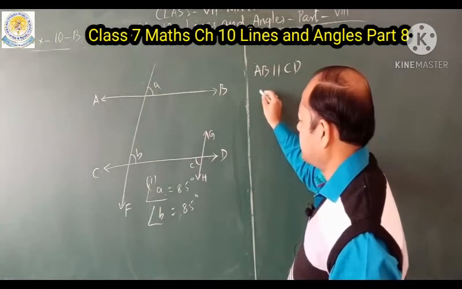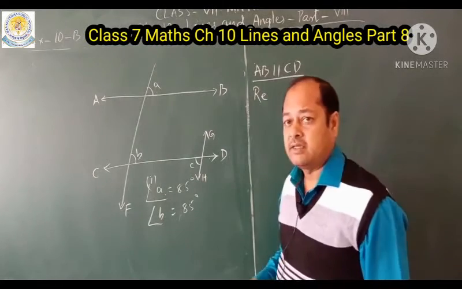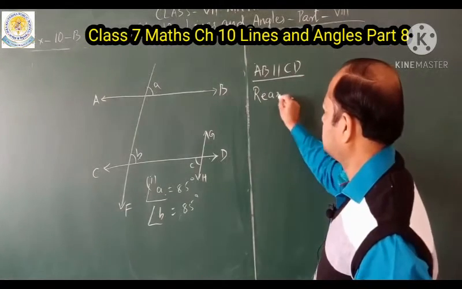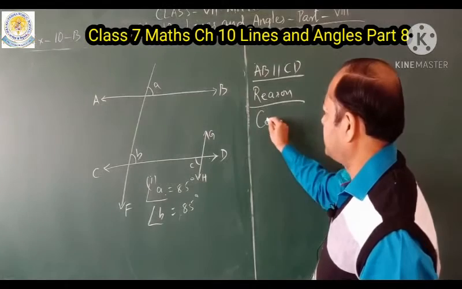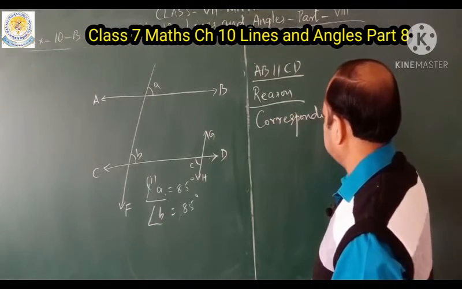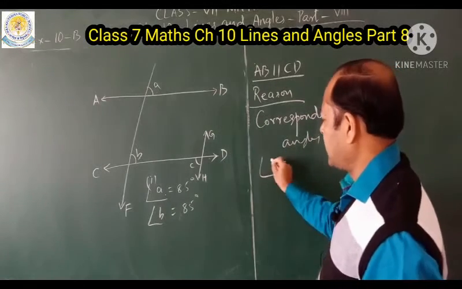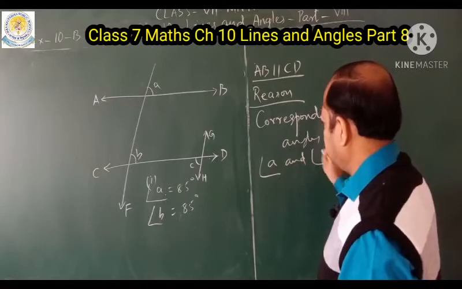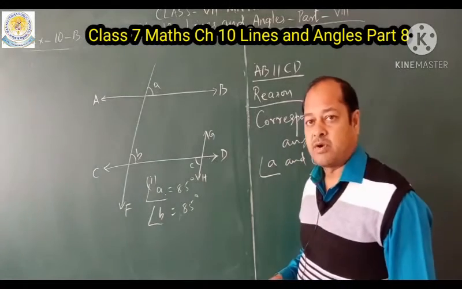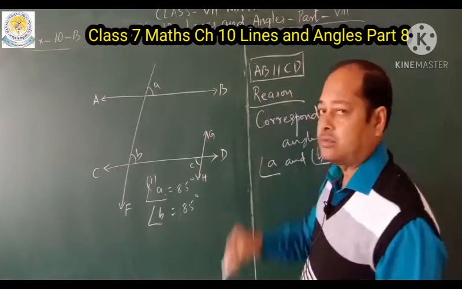So you can write the reason why AB is parallel to CD: the reason is corresponding angles. Angle A and angle B are corresponding angles. That's why AB is parallel to CD.